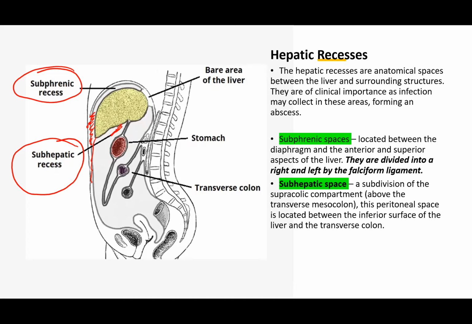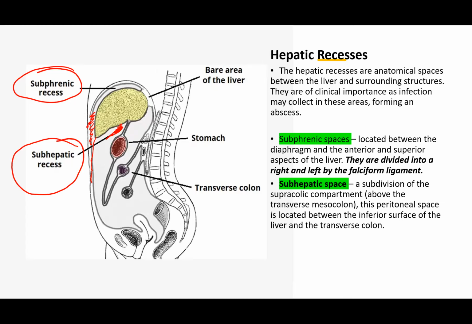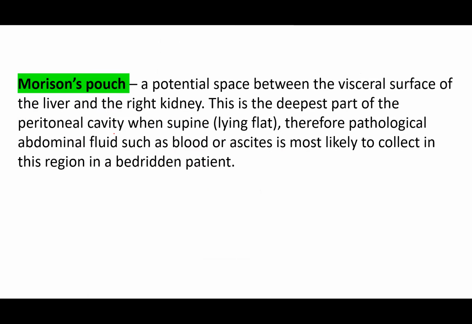Interestingly, this subhepatic space is divided into two portions, the left and right. The right is what is termed the Morrison's pouch, a potential space between the visceral surface of the liver and the right kidney. This is the deepest part of the peritoneal cavity when supine.